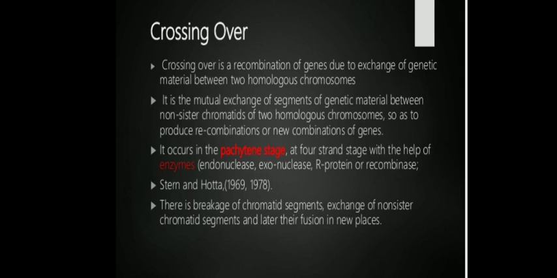Next important aspect is crossing over. Crossing over is a recombination of genes due to exchange of genetic material between two homologous chromosomes. When there is exchange of genetic material in a homologous chromosome pair for the recombination of genes, it is known as crossing over.